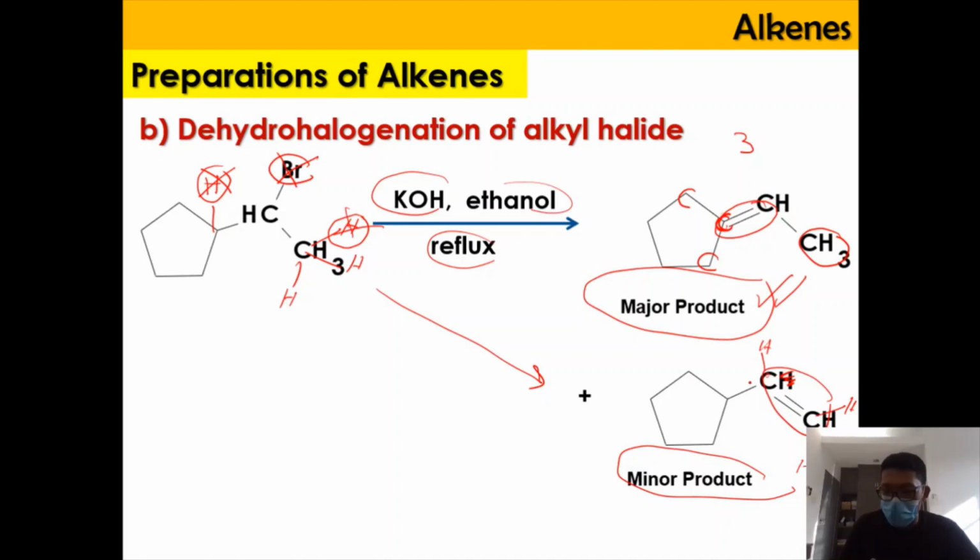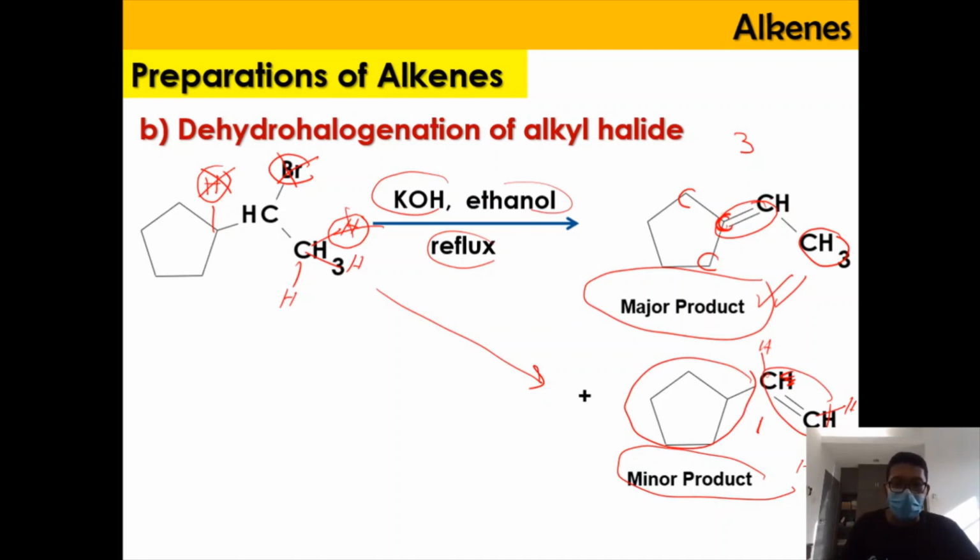So this carbon here is only attached to one alkyl group. So this is the less substituted alkene in comparison to this one, which is more substituted. Okay, and for this reaction, we don't have any mechanism.